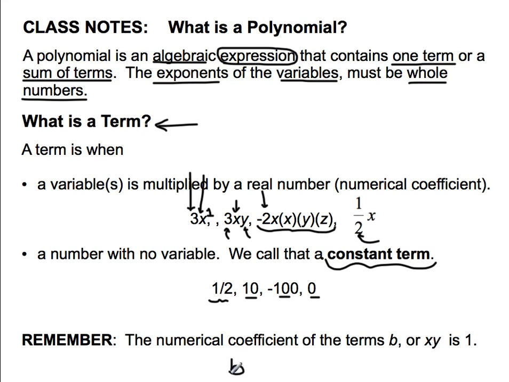When we don't have a number in front, and since our numerical coefficient is multiplied by the variable, if I multiply x times y by 1, it's still going to be x times y. So we don't put the 1 in, because remember, mathematicians are lazy. We don't put the 1 in, but we assume it's there. So with no numerical coefficient, we know that there is a number 1 there.